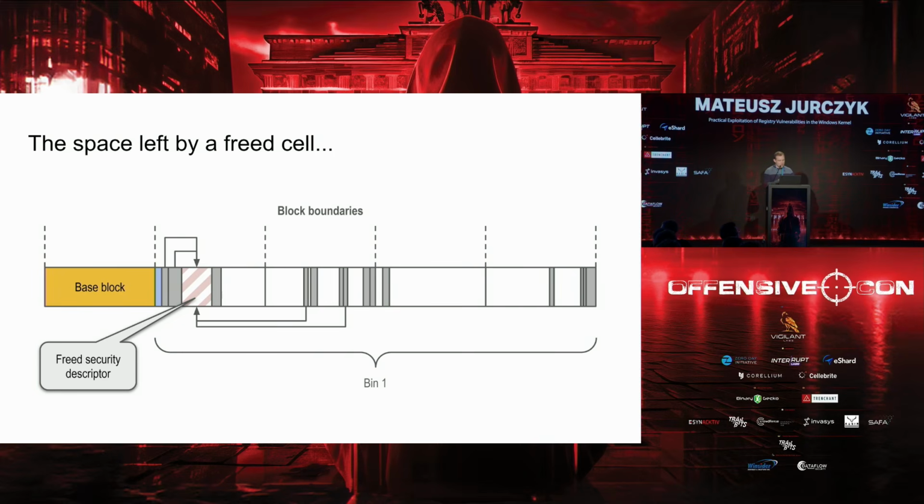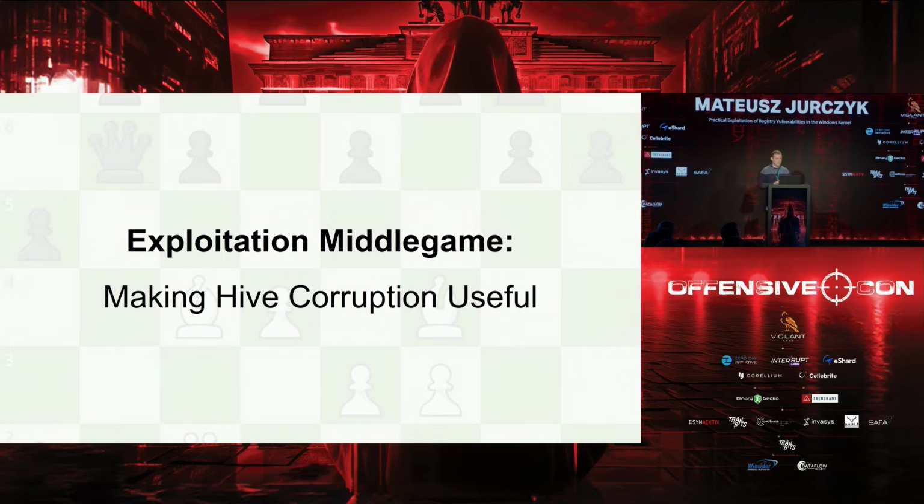So we have an example Hive, and there is a freed cell with 4 other cells still pointing into that cell. It's freed now, and it's super simple to reclaim this spot in the Hive space by using a single API call. This is the main takeaway from all of this.